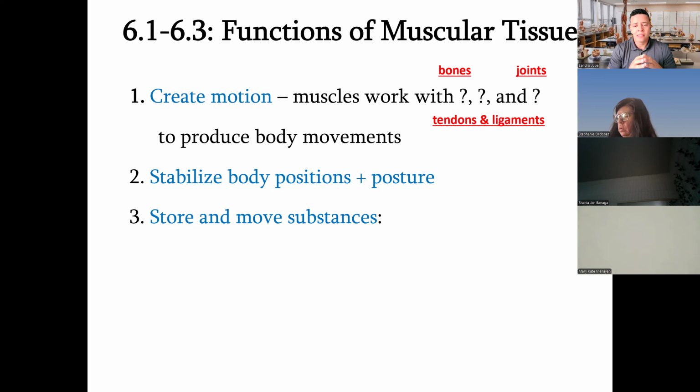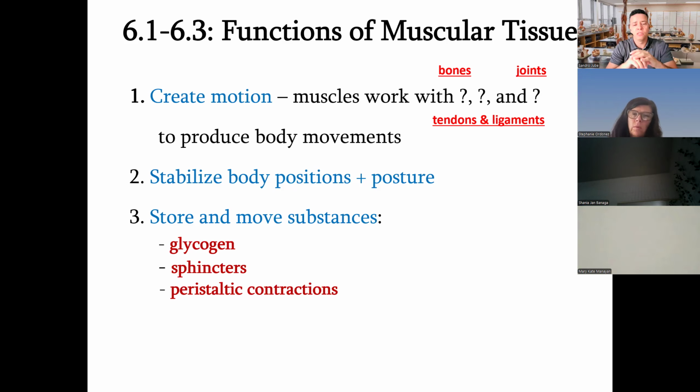And we're going to see that in the walls of the esophagus, in the walls of the stomach, in the walls of the small and large intestine, we are going to find smooth muscle. What is that smooth muscle doing? The smooth muscle is helping to push the food down the pipe by doing a coordinated contraction that is called a peristaltic contraction or a peristalsis.